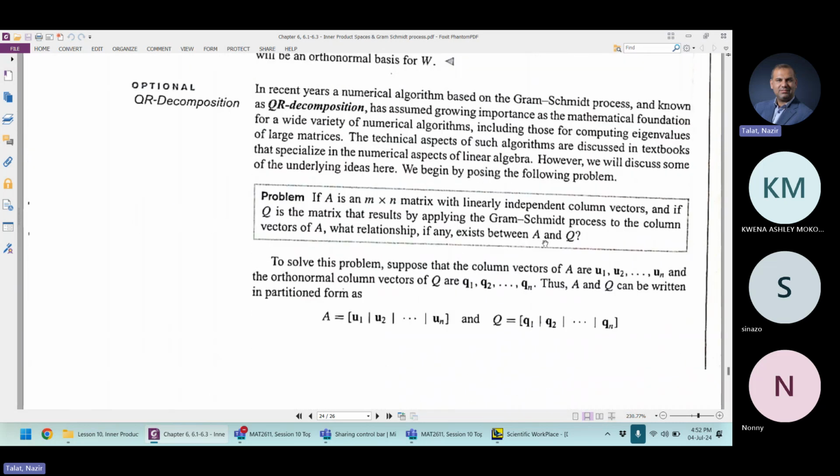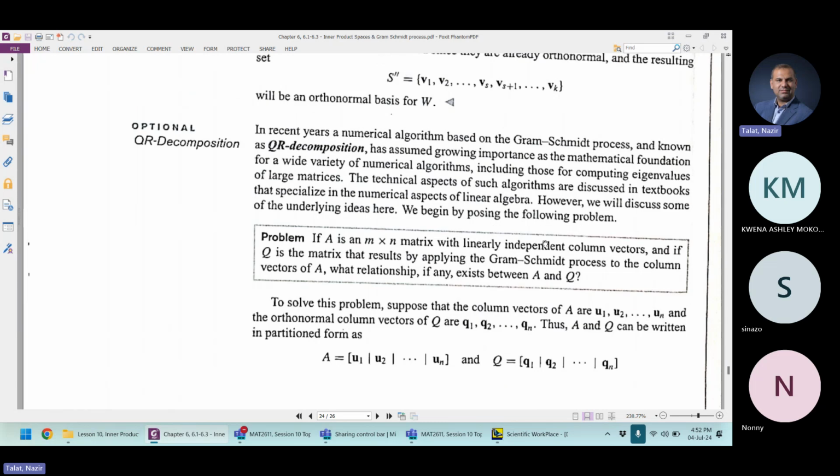And here there is one interesting decomposition with the help of that, which is called the QR decomposition. If Q and R are two matrices, like if A is any m by n matrix which has linearly independent column vectors, and Q is the matrix resulting from the Gram-Schmidt process. If we have linearly independent vectors, then by the Gram-Schmidt process we can apply that method, and it becomes an orthonormal basis or orthogonal basis.